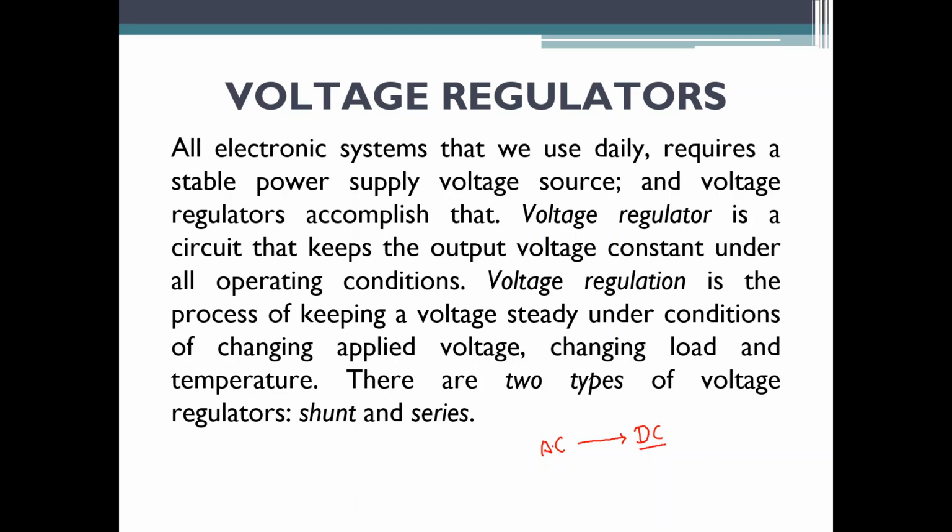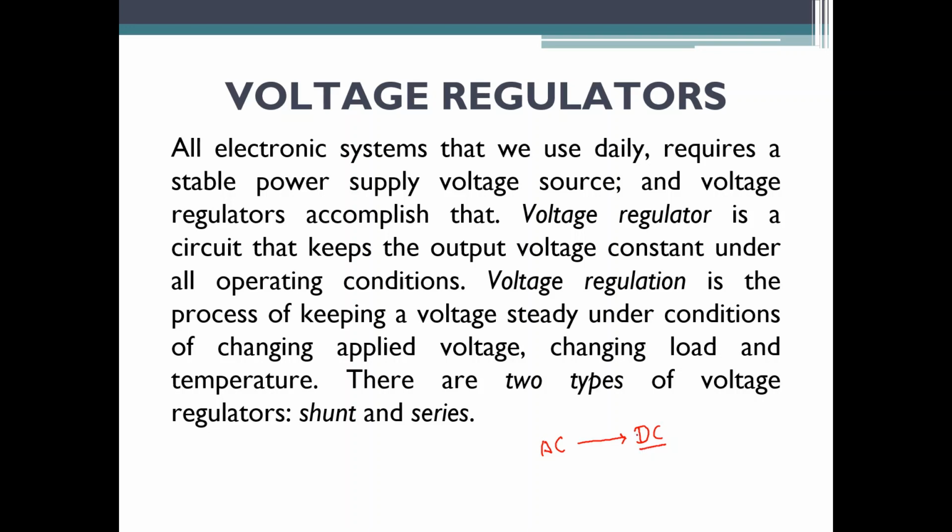Once you convert this AC to DC, the DC voltage or current available at the output side normally should be constant. We expect the voltage available at the output side to be constant, or it should be free of ripples, what we call disturbances or noises.